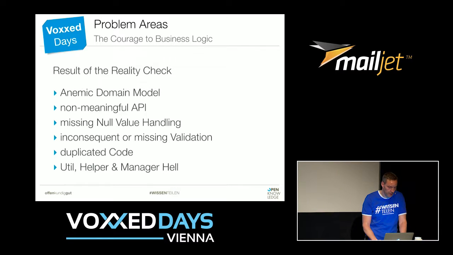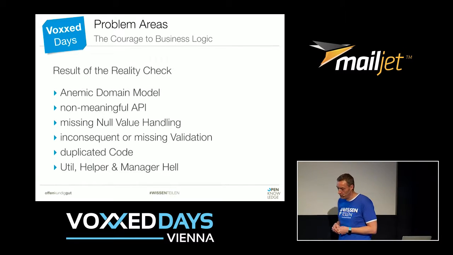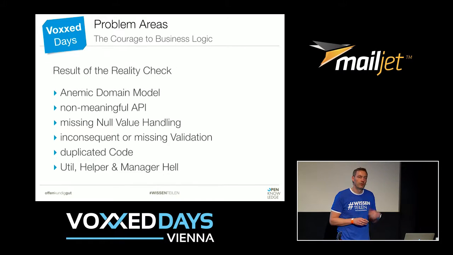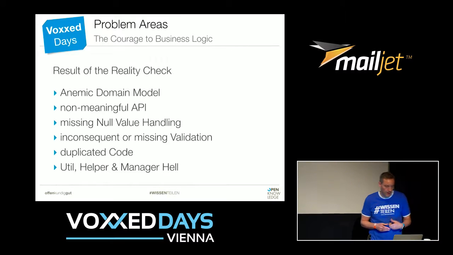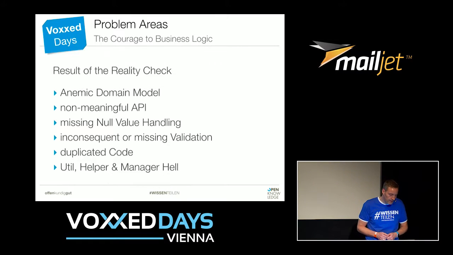Inconsistent, missing validation. As I said before, bean validation is a nice thing to support you with validation, but it's normally not enough. It shows only that the values that come in from JSF, for example, or that come from RESTful calls are valid, and it ensures that when it comes to the database, the attributes are valid at this time.